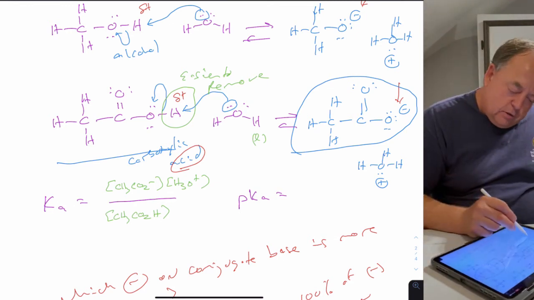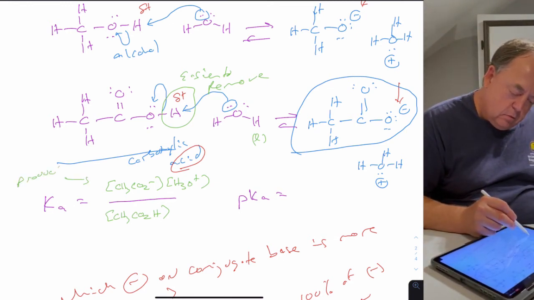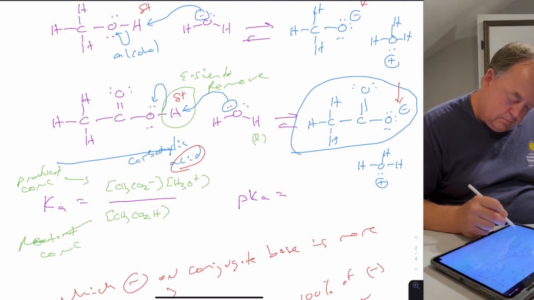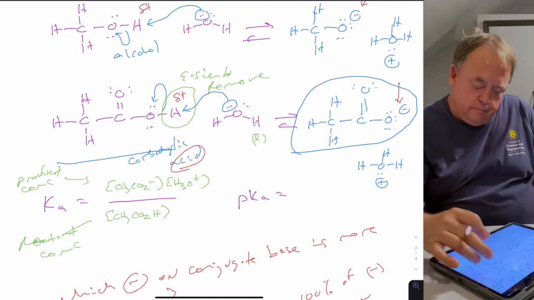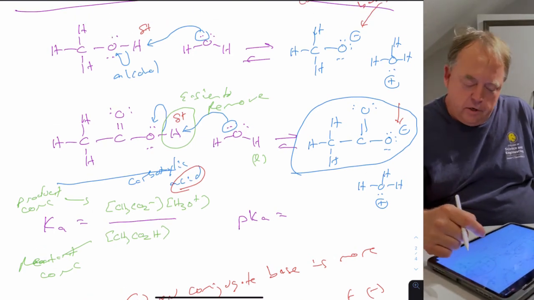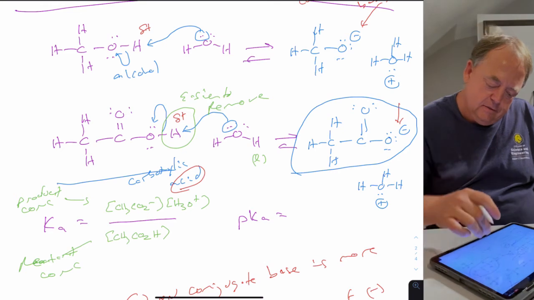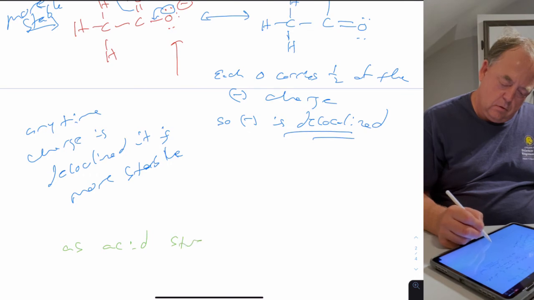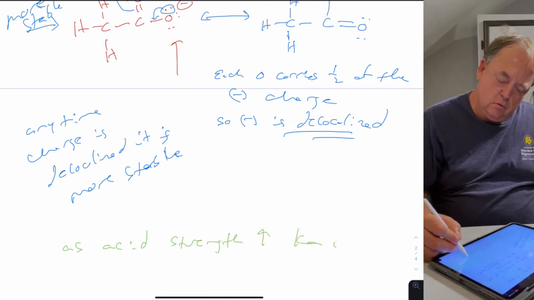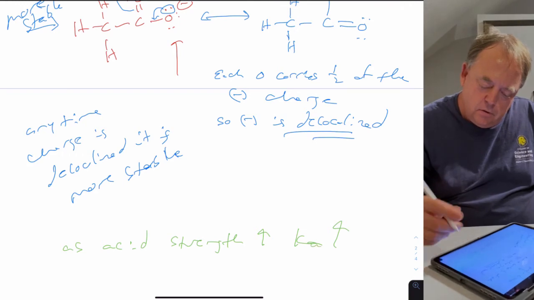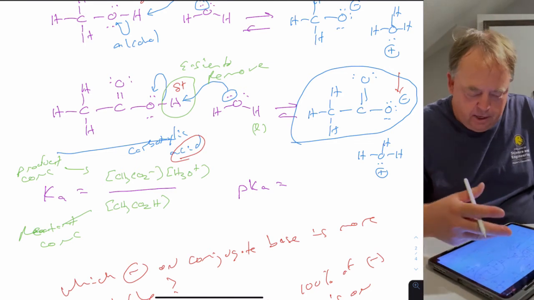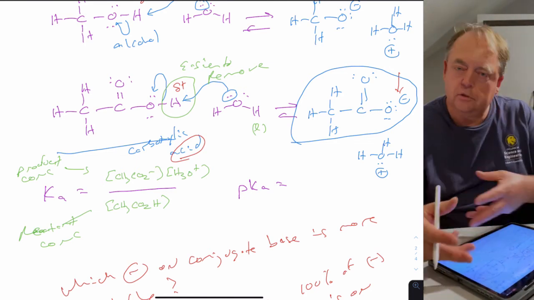So it's products over reactant. The more products you form, the bigger Ka is, so the stronger the acid is. As acid strength goes up, Ka goes up because there's more product and less reactant, which means the acid has given up its hydrogen.